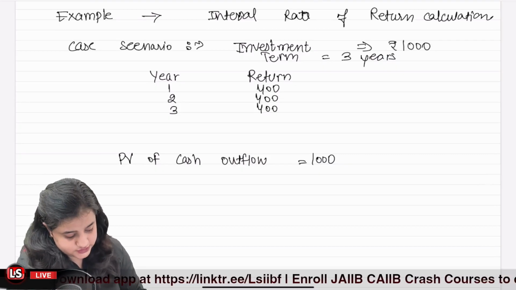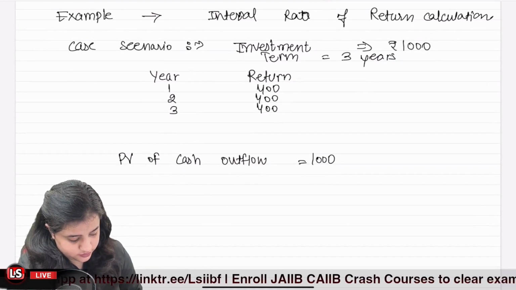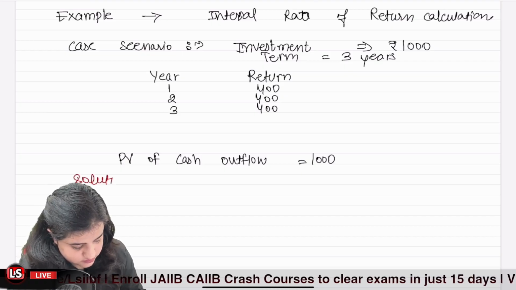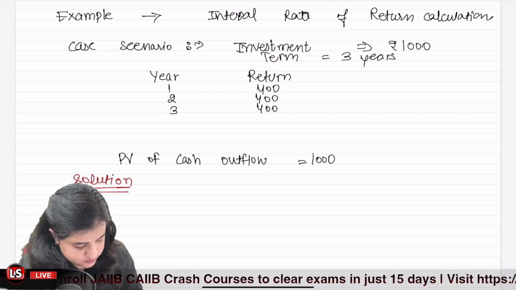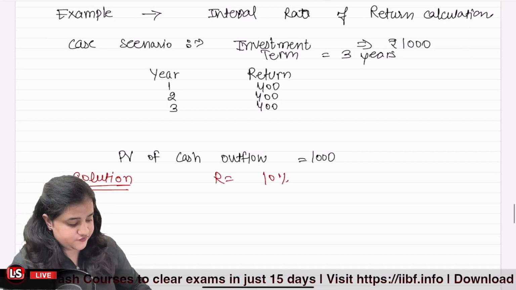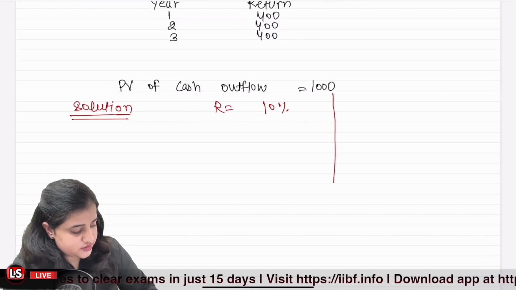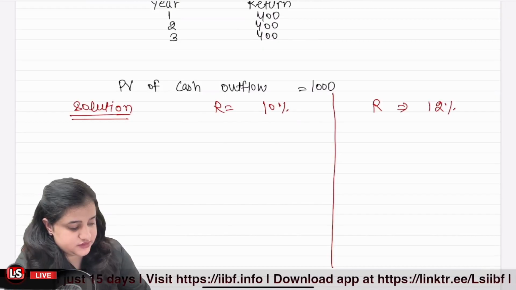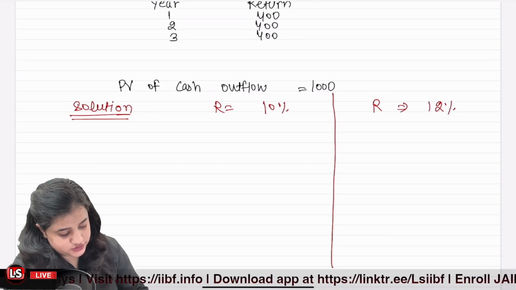So for the first scenario, I'm going to take the rate as 10%. Okay, that is my first scenario. And for the other one, I'm going to assume the rate of return at 12%. So how does the calculation go?